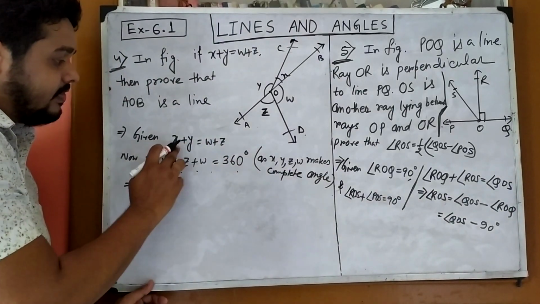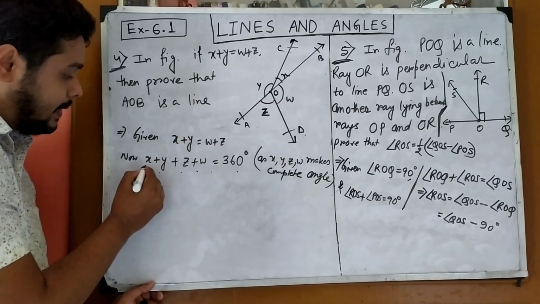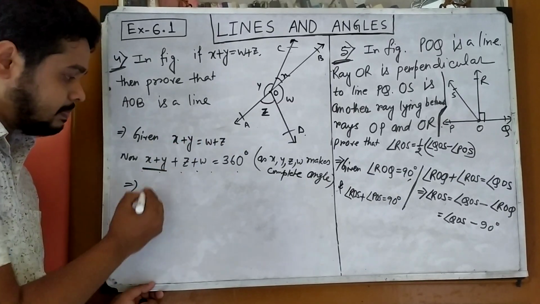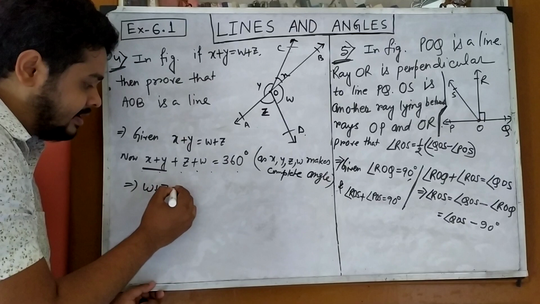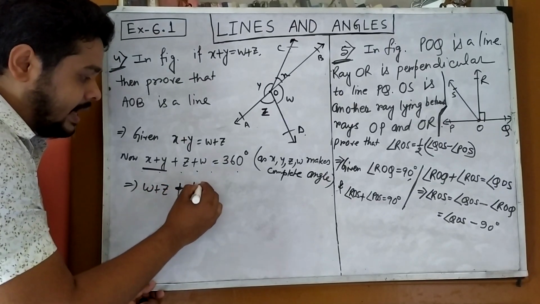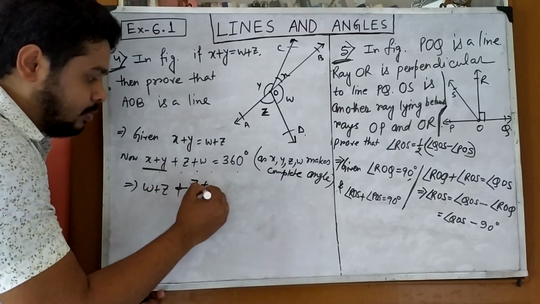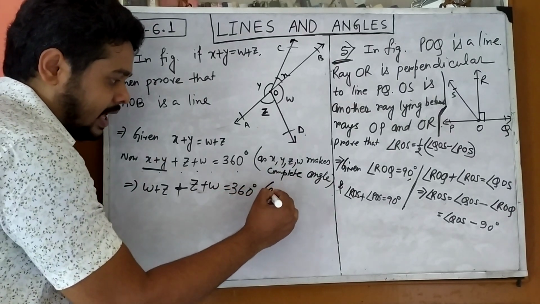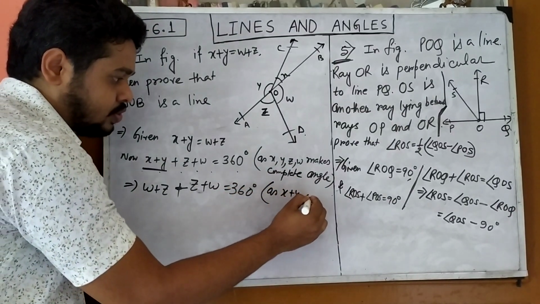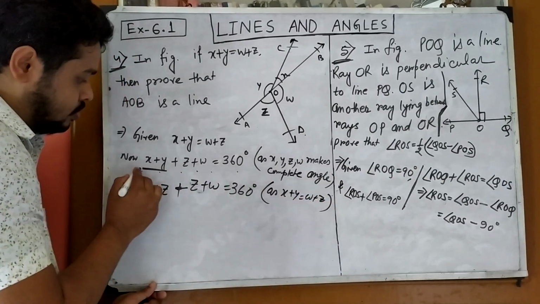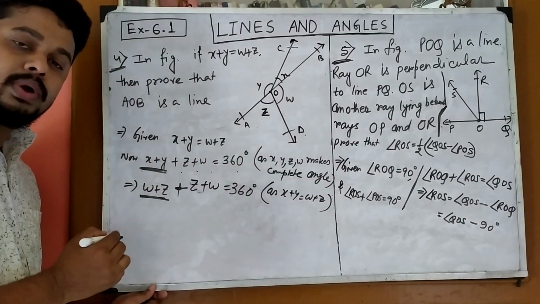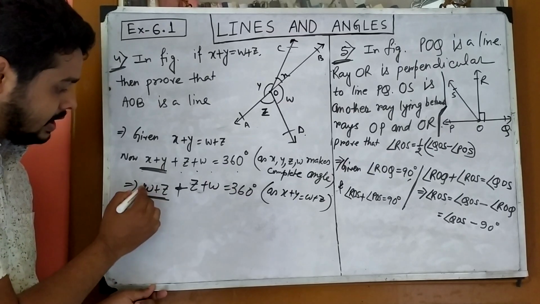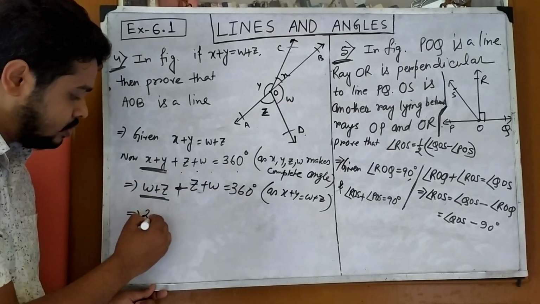Now it is given x plus y equals w plus z. So in place of x plus y, we can write w plus z, and as well as w plus z equals 360 degrees. Why? As x plus y equals w plus z is given, so in place of x plus y, we are writing w plus z. Now how many w's are there? 2.